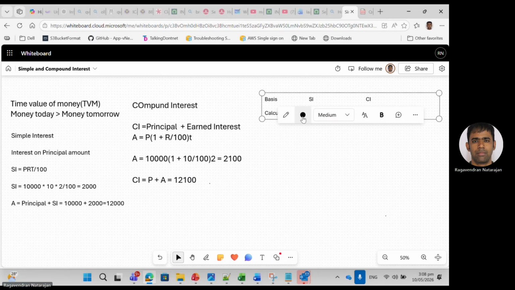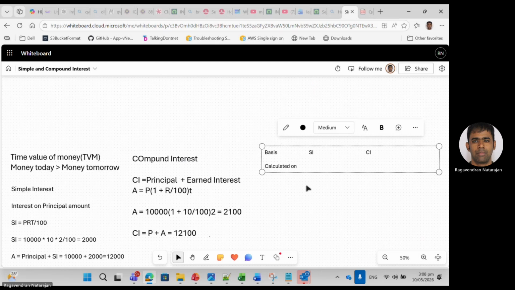Calculated on: principal only, P only, versus principal and the earned, accumulated interest.